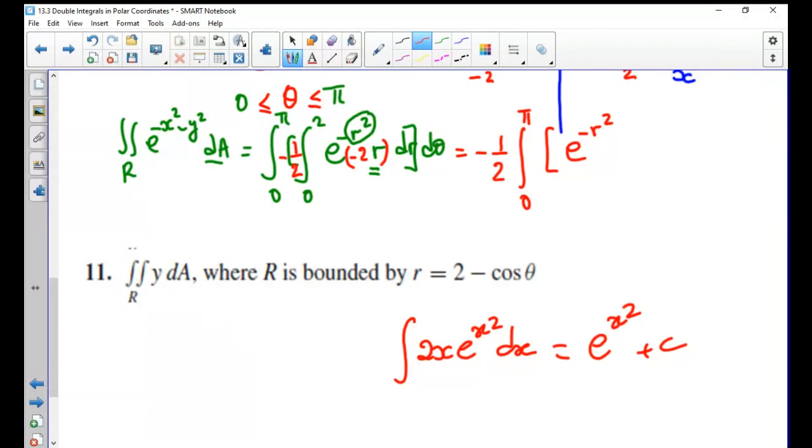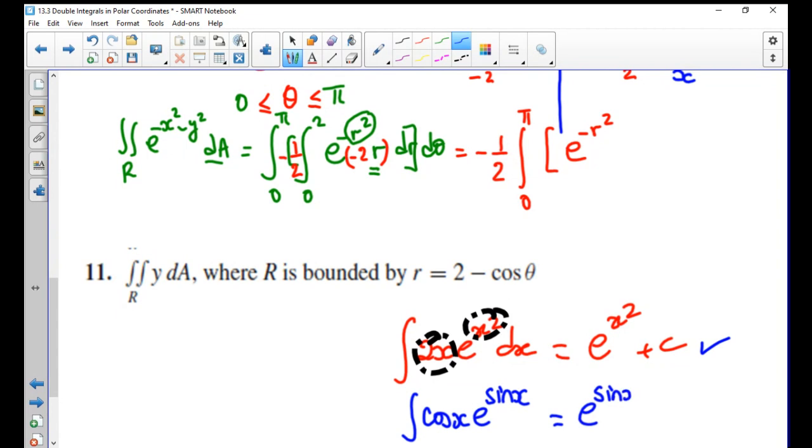I think I mentioned this many times. What is the derivative of x squared? 2x. For example, cosine x e to the sine x. What is the integral of this? e to the sine x, because the derivative of sine is cosine.